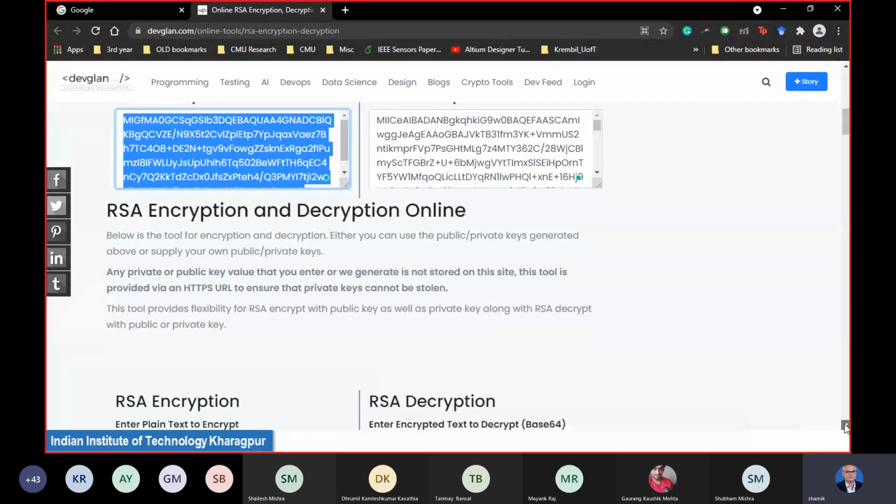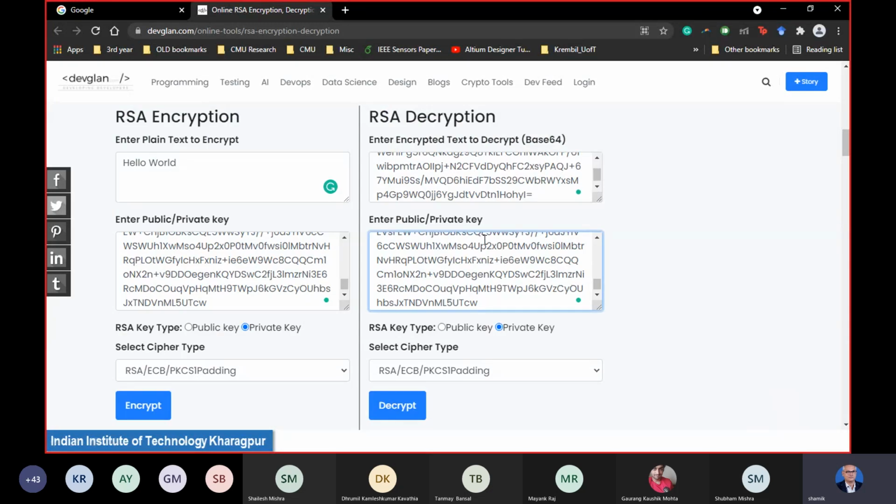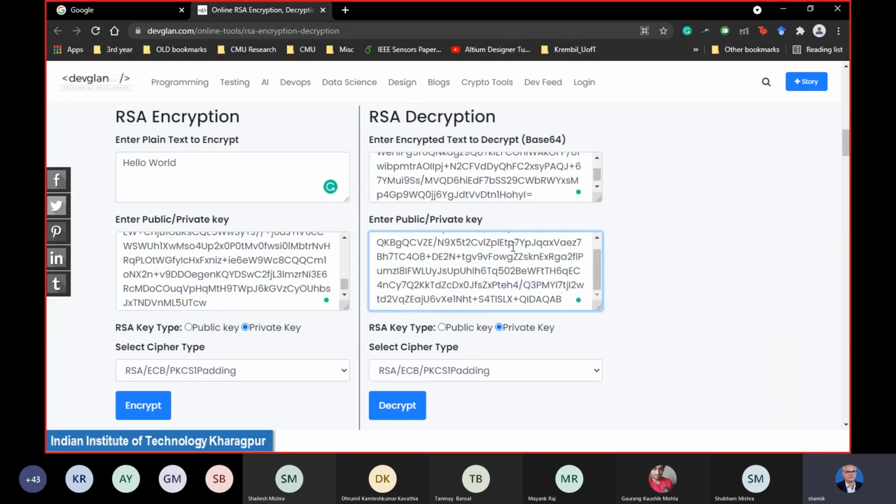Then here I am pasting my public key, which is known to everybody, and Mr. X is trying to decrypt. So Mr. X got hello world in plain text, and he got this cipher text, which was encrypted by my private key, and he enters my public key. So you see what he should get. Anyone? What would be the output? Hello world. Okay, but what have you got?